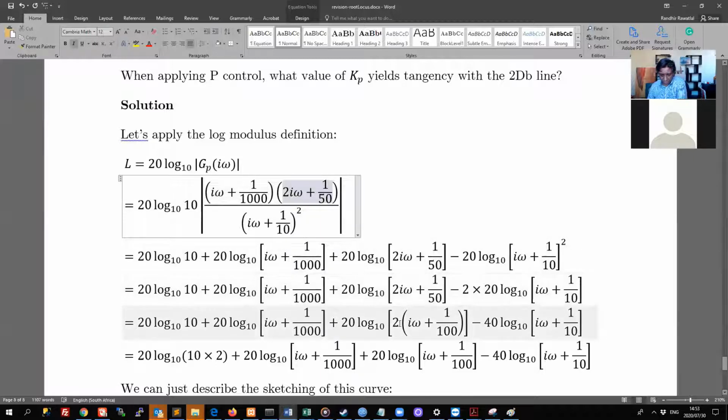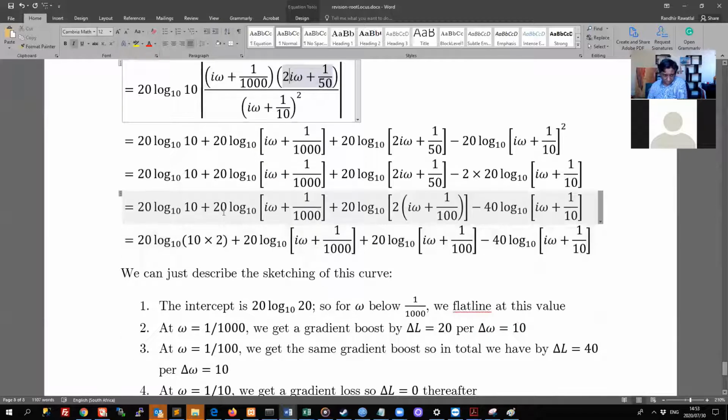So we split off the 2 here, and when you factor out 2, you also have to factor the 2 out here. So this becomes 1 over 100, or another way to say it is 2 times that 1 over 100 is 1 over 50. Not much was done. And then now this 2 gives 20 log 2 plus 20 log of the magnitude of (i omega plus 1/100).